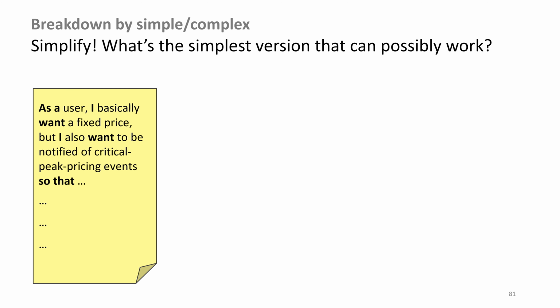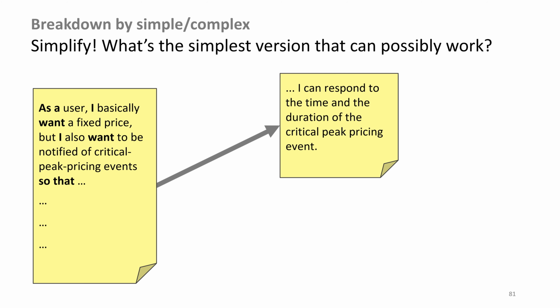As a user, I basically want a fixed price, but I also want to be notified of critical peak pricing events so that I can respond to the time and the duration of the critical peak pricing event.